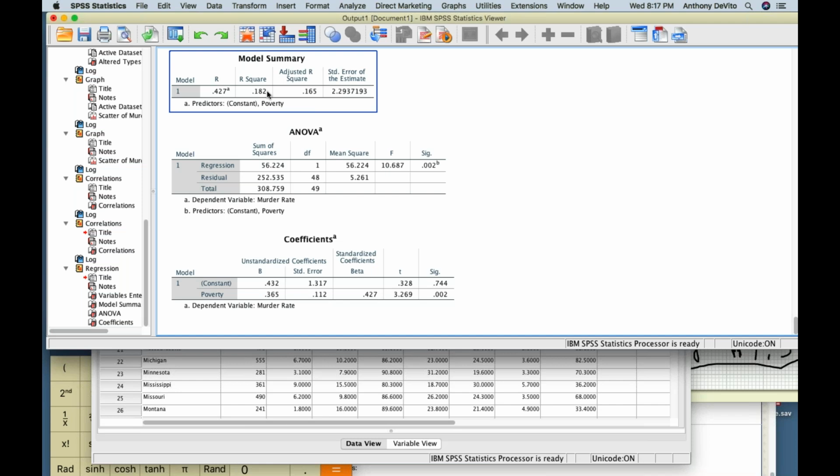Maybe it's the prevalence of guns. Maybe it's a cultural thing. Maybe it's areas where there are a lot of issues with robberies or drugs or gang violence and so forth, right? But there's something else besides just the poverty rate that's driving this as well.